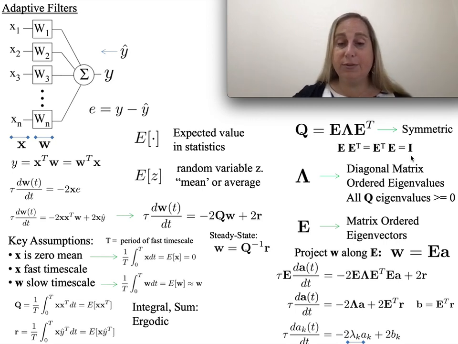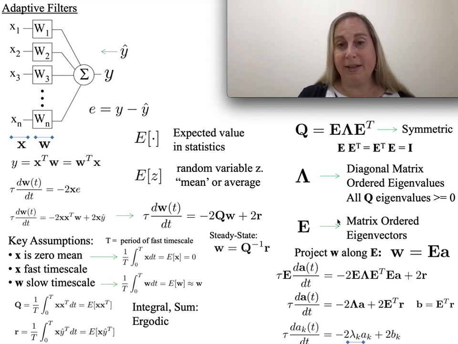So it's useful that the one is the inverse of the other, which is why this E transpose works so well. Great. And with the diagonal matrix, by the way, all the eigenvalues are going to be greater than or equal to 0, because it's coming from real signals. So I'm going to be getting ordered eigenvalues and ordered eigenvectors.